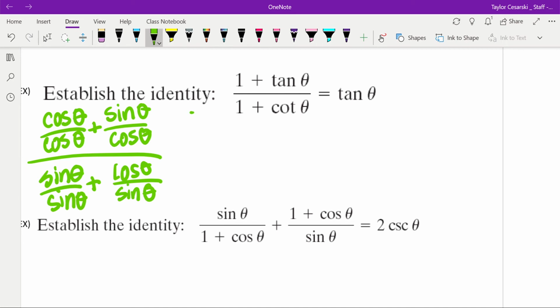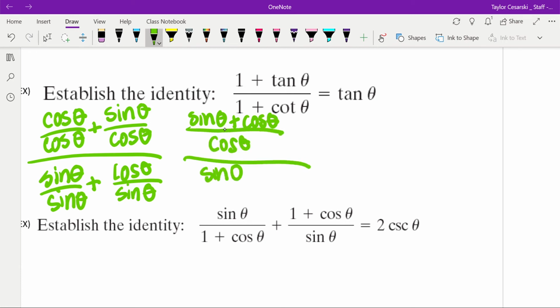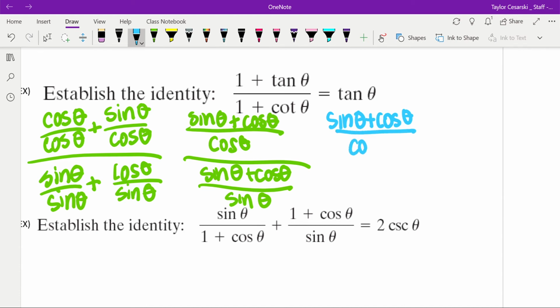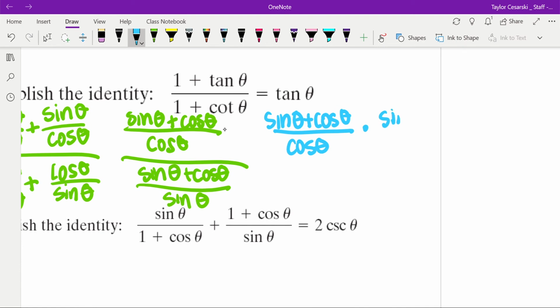All right, so let's simplify some stuff. Up top, I have sine of theta plus cosine of theta all over cosine of theta. And then on the bottom, I have sine of theta plus cosine of theta all over sine of theta. So we're going to keep, change, flip. So sine of theta plus cosine of theta over cosine of theta times sine of theta over sine of theta plus cosine of theta.